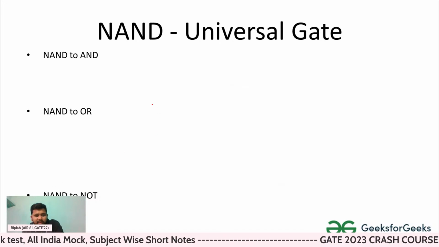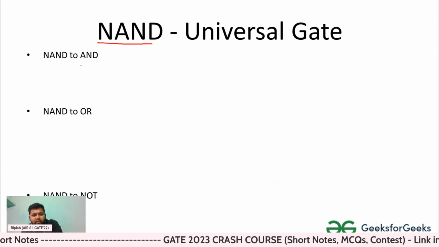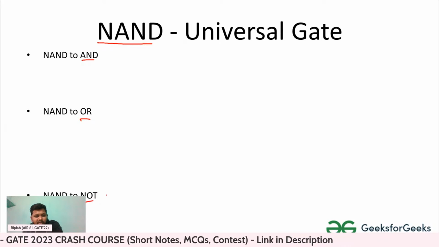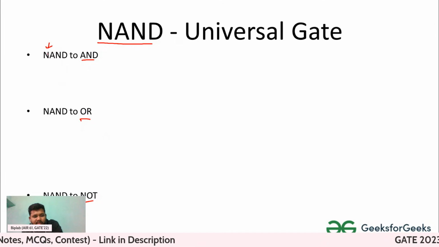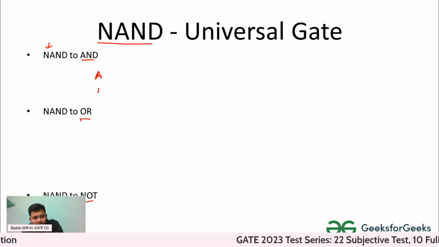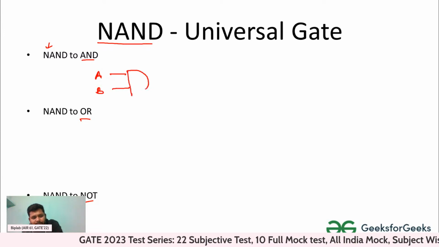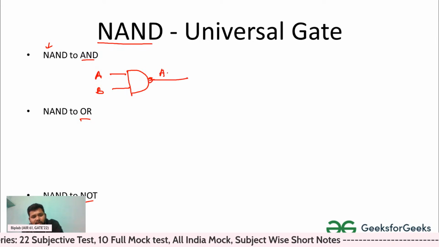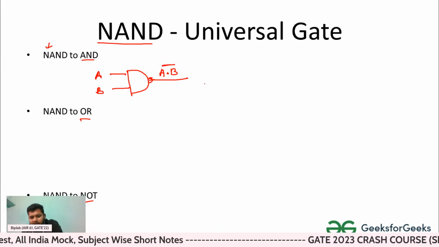So let's take one example and convert using the NAND gate. We build each of these three gates. Using NAND we will first make the AND gate, which is very easy. You see, NOT of AND. Just take two inputs A and B and pass them through the NAND gate. The result is (A dot B) whole bar. Then complement it again by passing it through a NAND gate.